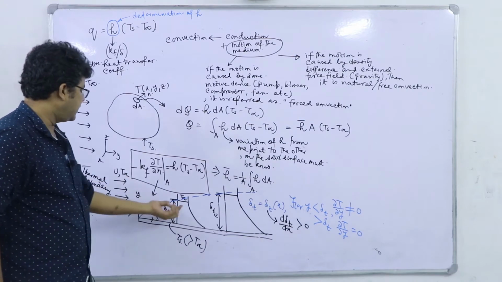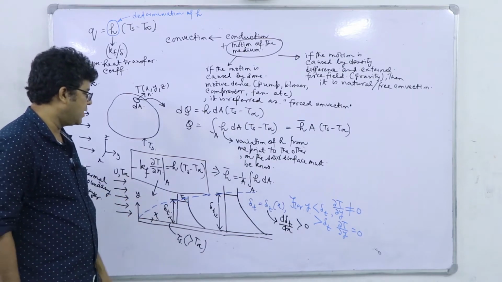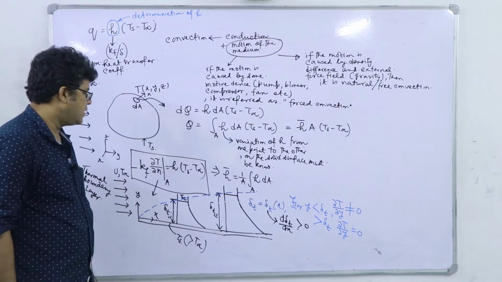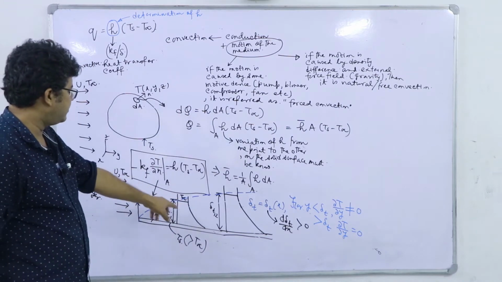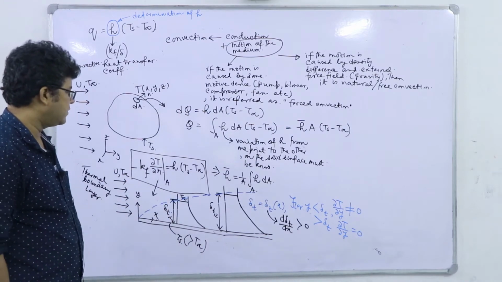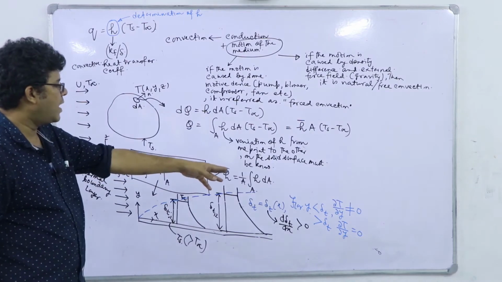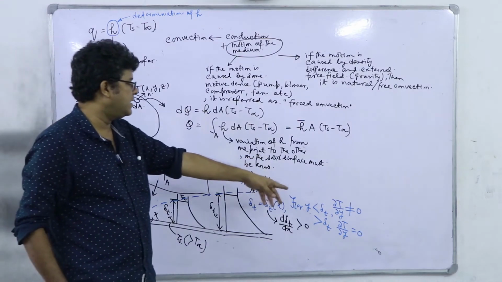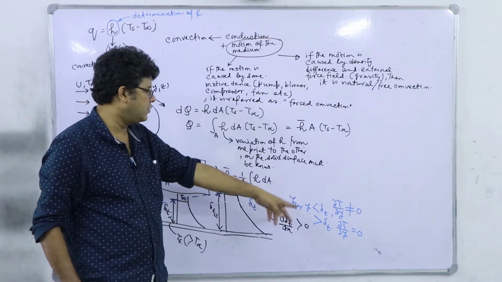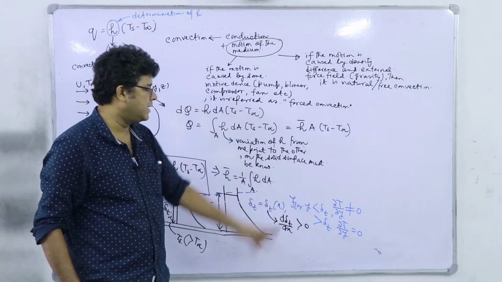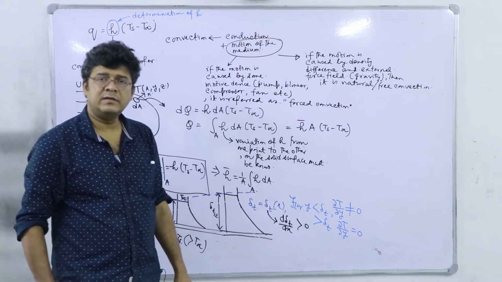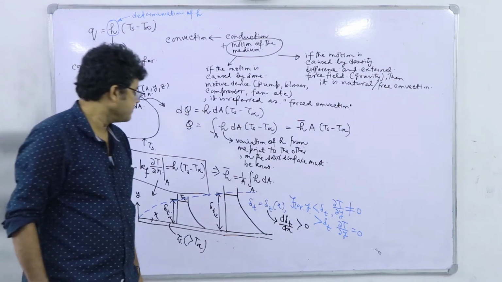So its temperature will be T infinity once again after a certain distance. That distance is basically the thermal boundary layer thickness. So for y less than delta T, we have del T del y not equal to 0, and for y greater than delta T, it must be del T del y equal to 0.